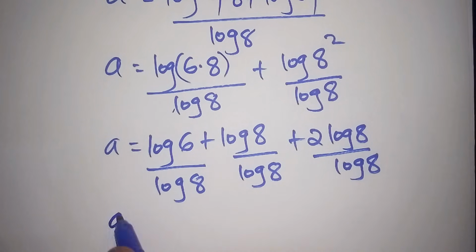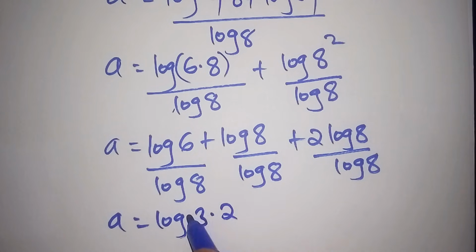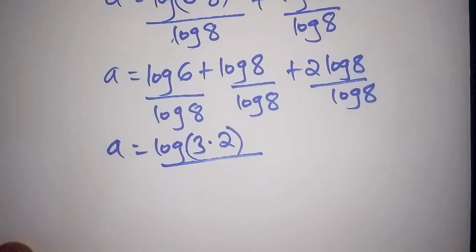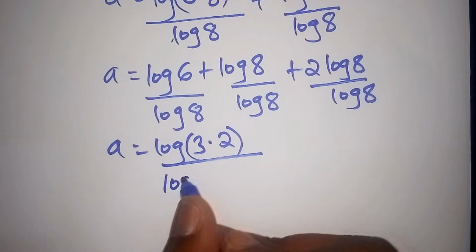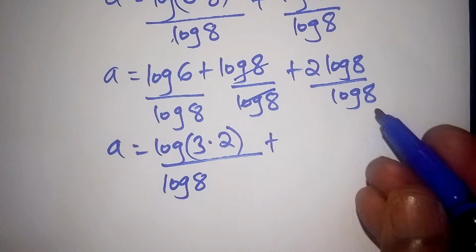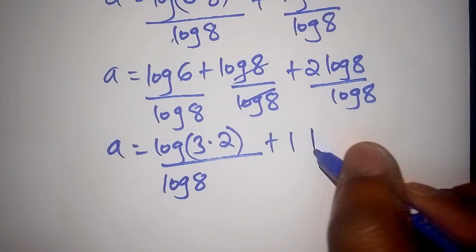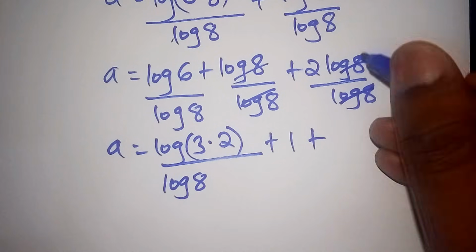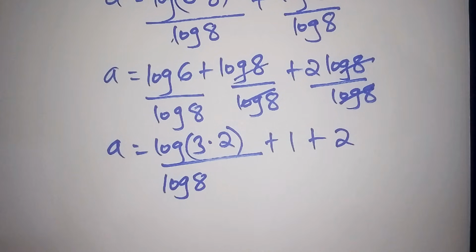So a can also be written as the log of 3 multiplied by 2, in brackets, all over the log of 8, plus, since log 8 and log 8 shall cancel, we have 1 plus 2.